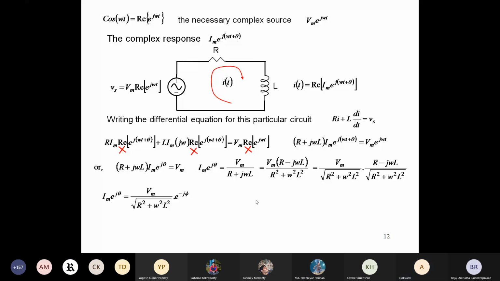Yes, sir. Can you see now? Yes, sir. We are seeing the same page, page number 12. Okay, okay. Yes, sir.